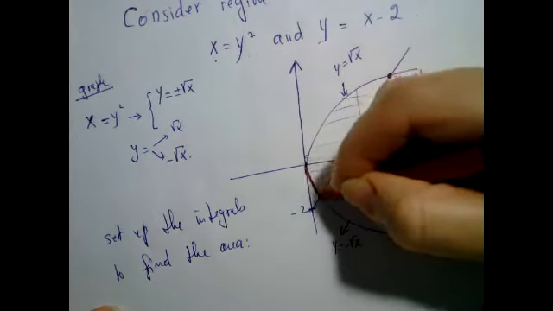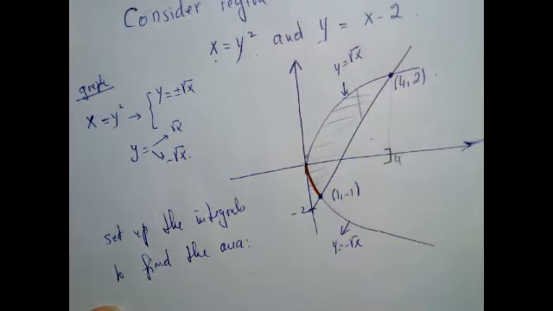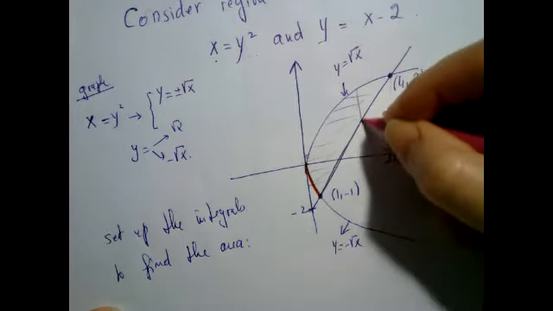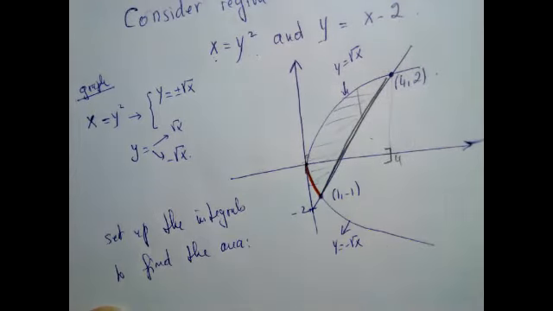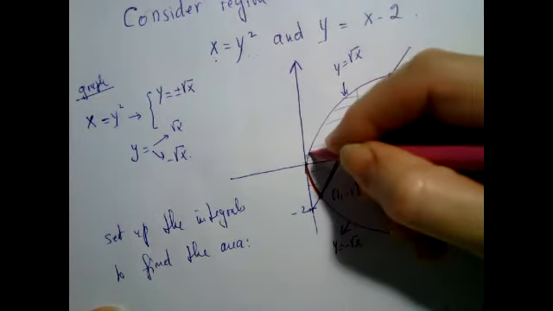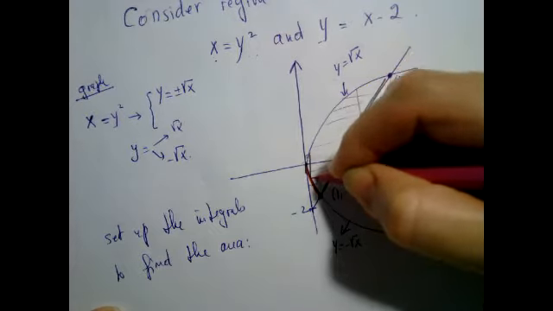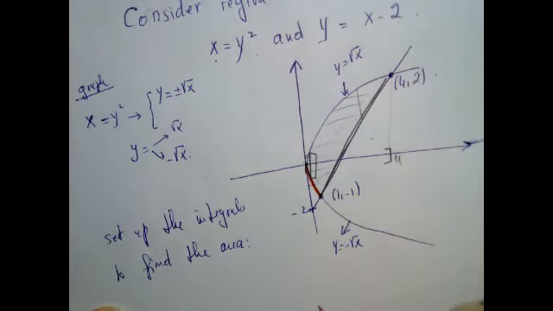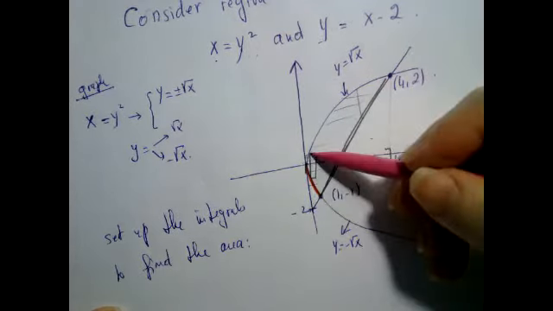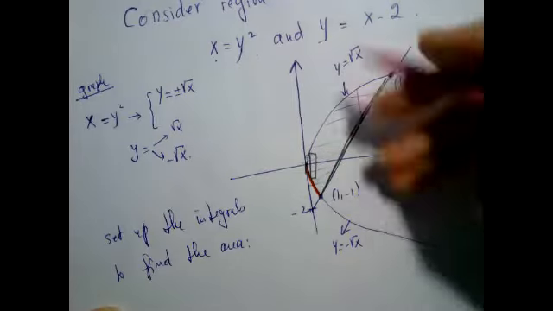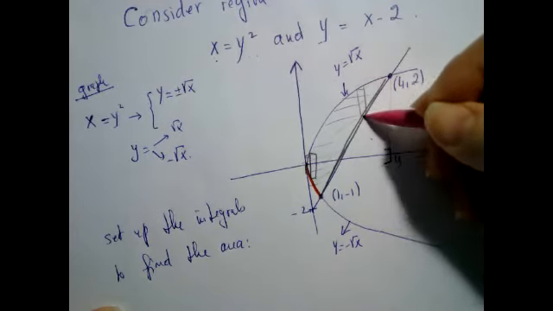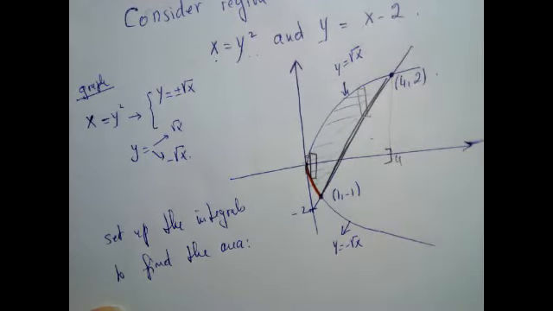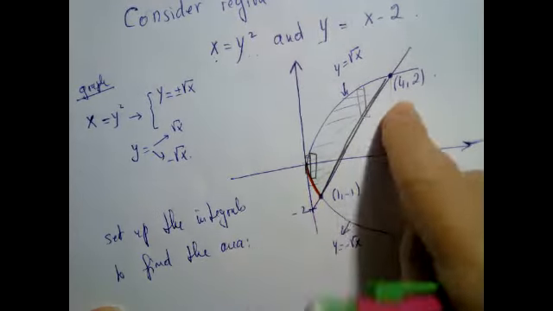It's this piece, then it's that piece. So the bottom curve is absolutely changing. If I take a typical rectangle here, that's the top and that's the bottom. I don't have one formula that's going to work for this and that at the same time.